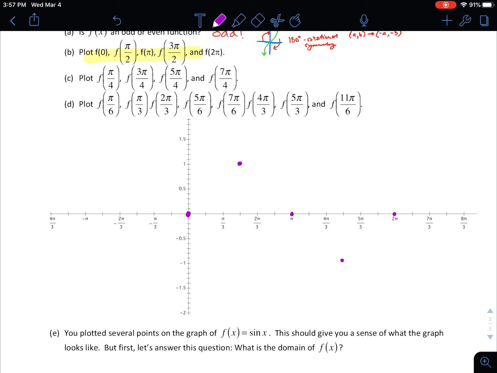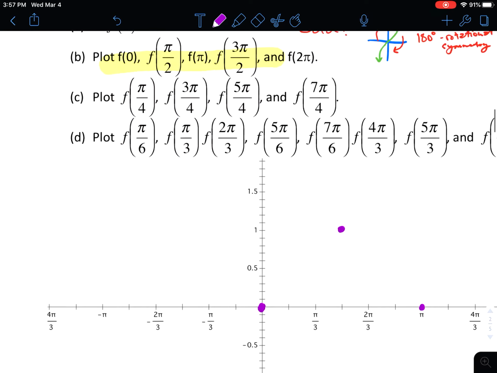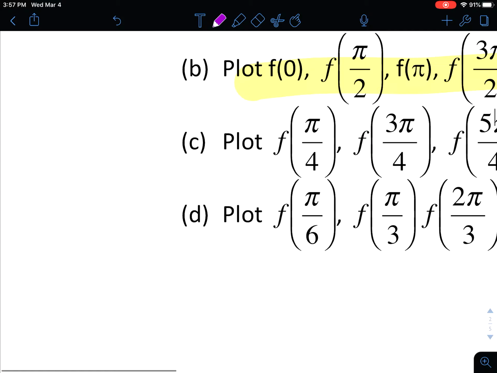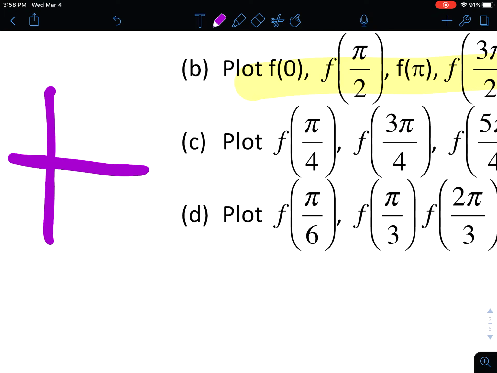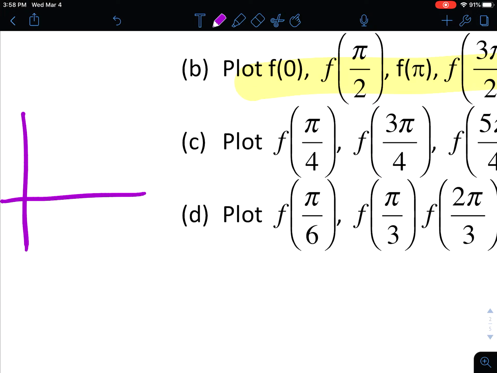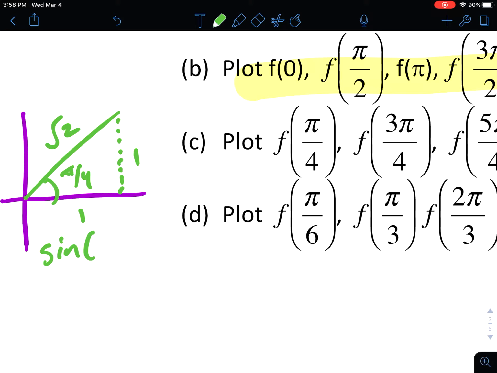Pi over 4 is a little bit more difficult, and maybe you'll want a little reminder for pi over 4. The sine of an angle of pi over 4 is going to be, well, this could be 1, 1, and root 2, so that would tell us that the sine value is 1 over root 2, which is approximately 0.707.